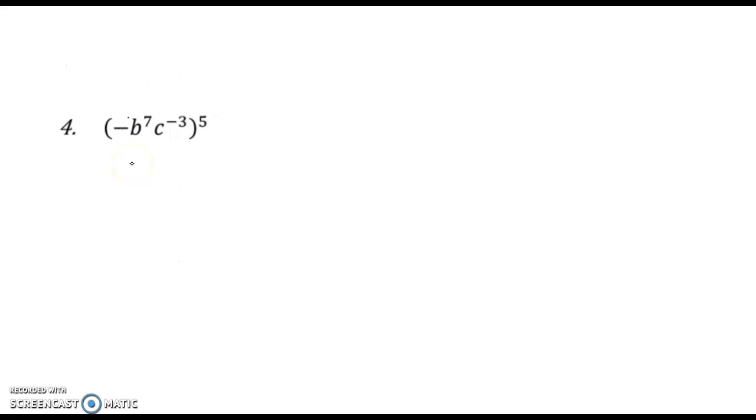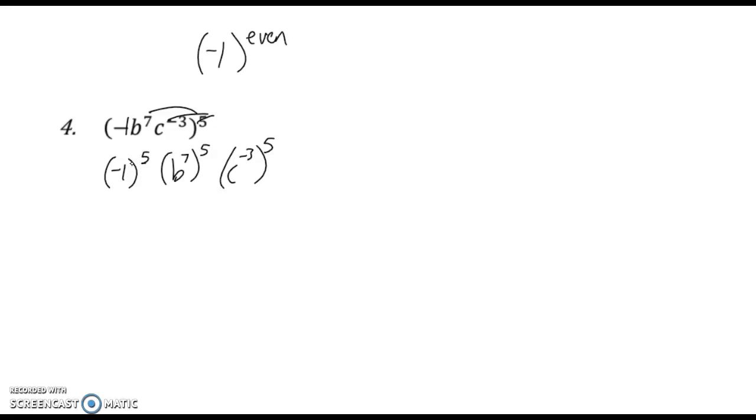Okay, so on this one with the negative, make it be -1, and now let's distribute the 5th power to everything. So -1 to the 5th, b to the 7th to the 5th, and c to the negative 3rd to the 5th. So now, anytime it's -1 to an even power, that will equal +1. And if it's -1 to an odd power, that will equal -1.